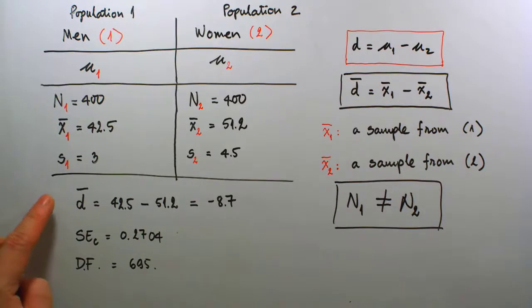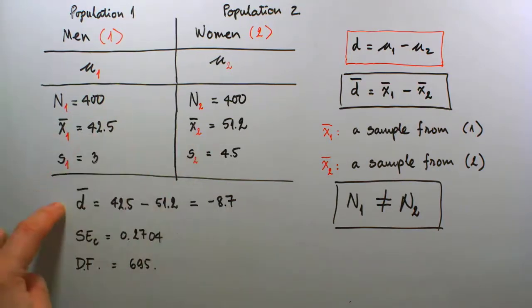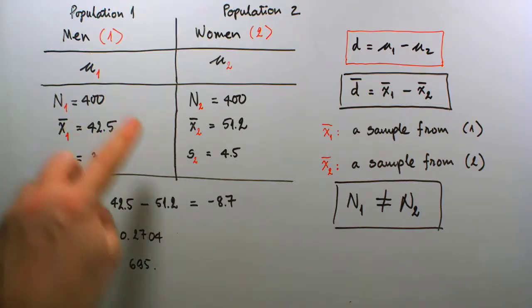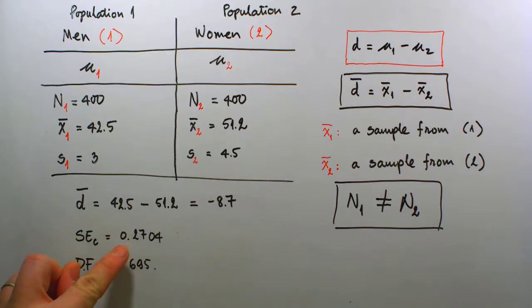So further, from the previous question, part A of our example, we have already found that with this current given sampling information, we have found for ourselves D bar right out from our two samples from the two populations here. It came out to be minus 8.7. And we have also found out the SEC value from our previous part of the example.